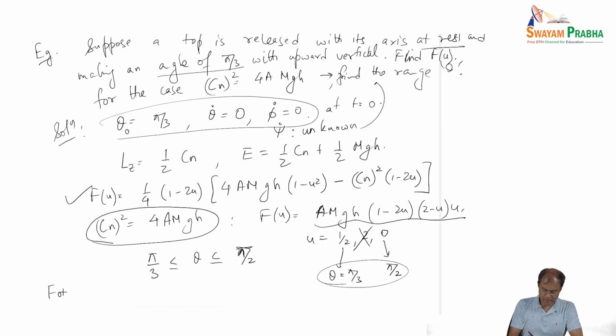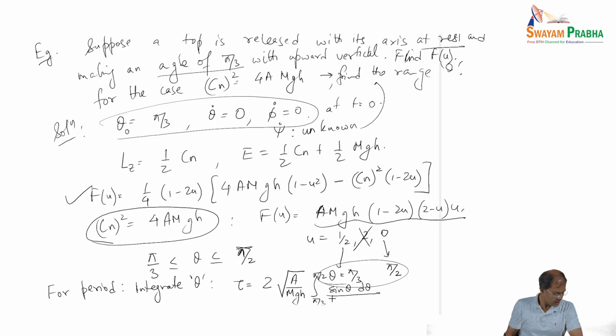For the period, we see that my period of nutation, after plugging in all the values, is 2 times square root of a by mgh times the integral from pi by 3 to pi by 2 of sine theta d theta, and then we plug in everything, 1 minus 2 cos theta, and then 2 minus cos theta.